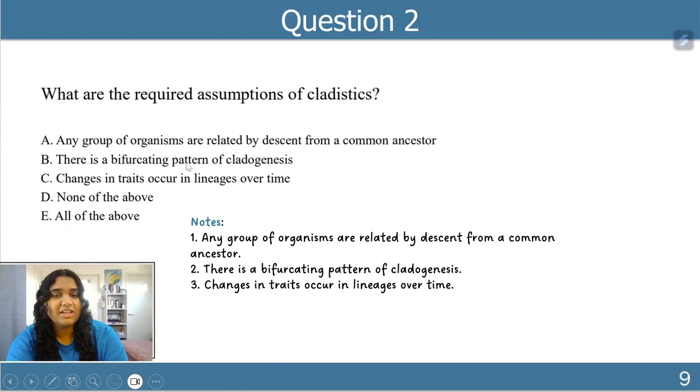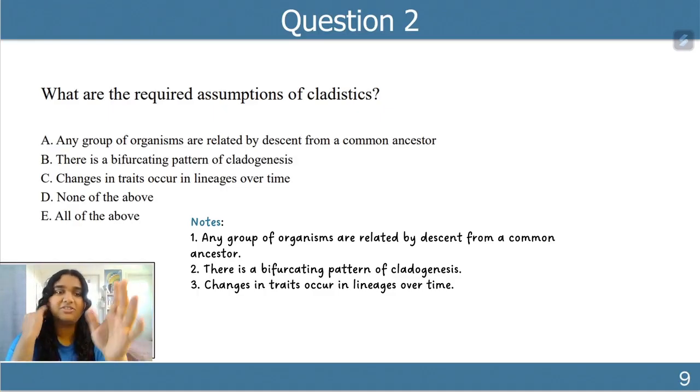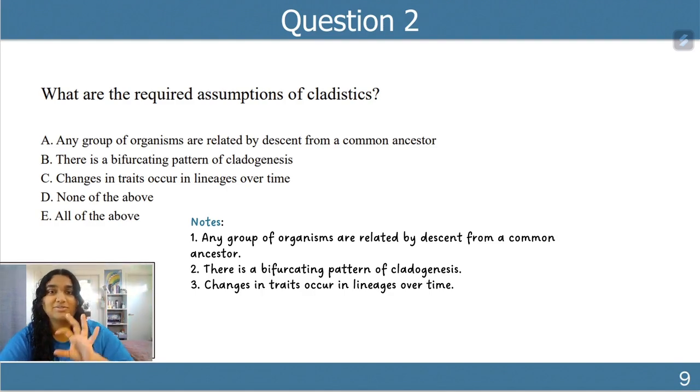So that's what bifurcating means. It means that from one common ancestor at any given time, it splits off into 2, and then any further subspecies that would form from that would split off the 2 that split off originally. Cladogenesis, just in general, is the process of creating new clades or new groups and families of species.